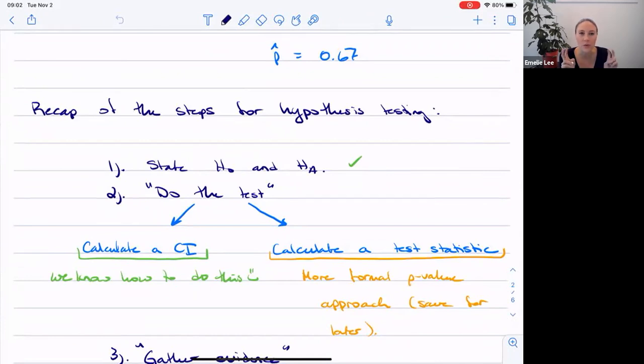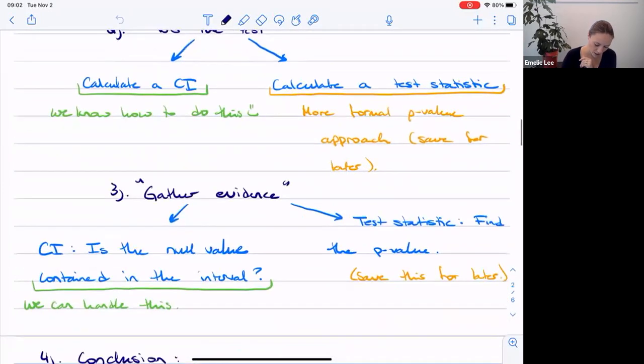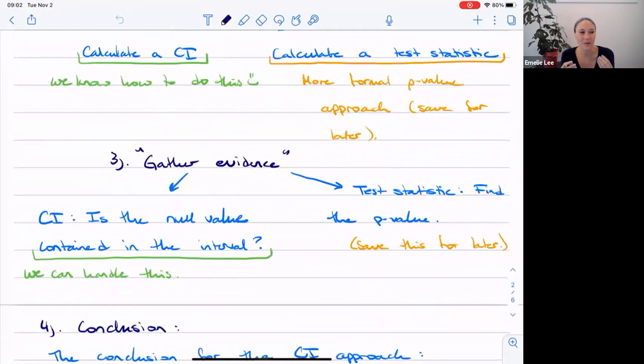And then we're going to do the test. Now that can take one of two directions, and we're focusing on the confidence interval for now. And then later today, hopefully we'll get to talking about the test statistic, which is the p-value approach. Then step 3 is I'm kind of generalizing and calling it gather evidence.